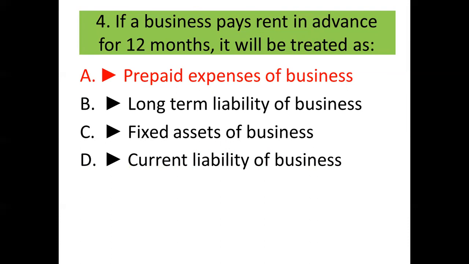That expense is treated as prepaid, and it is an asset for the business, not a liability. It is an asset, but not a fixed one. It's a prepaid expense of businesses.